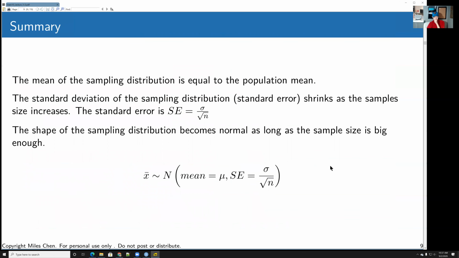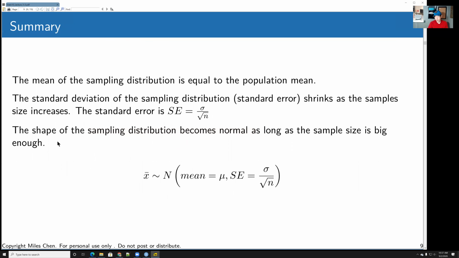And so for me it's a surprising or neat result that the shape of the sampling distribution becomes normal as long as the sample size is big enough.